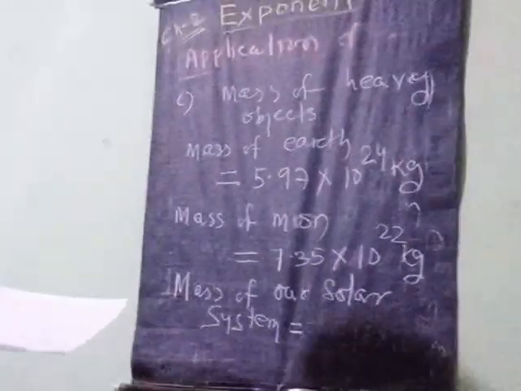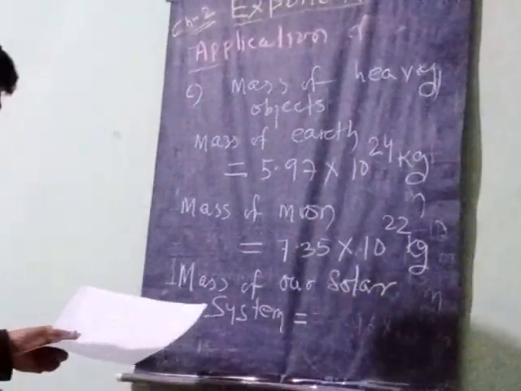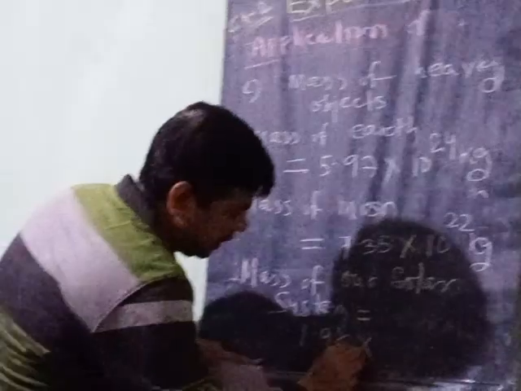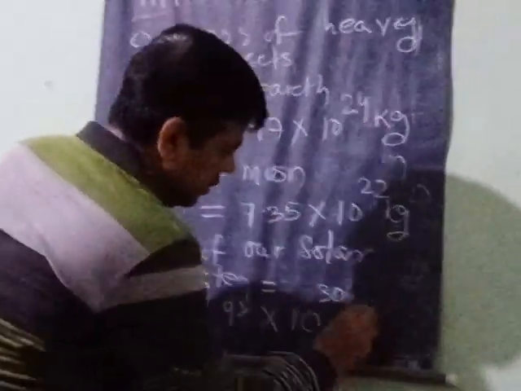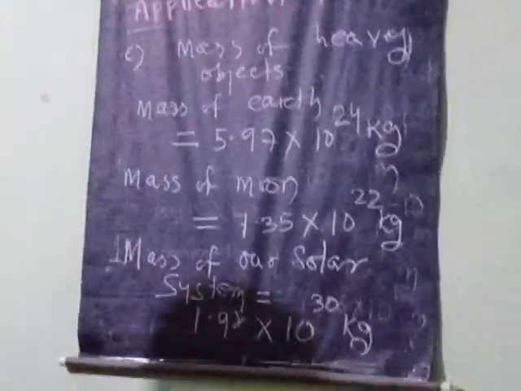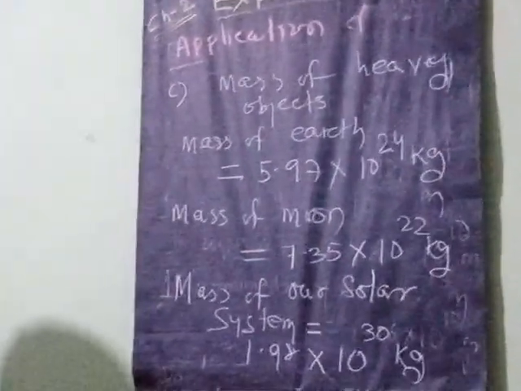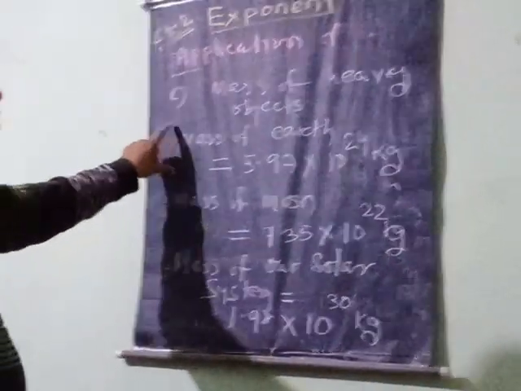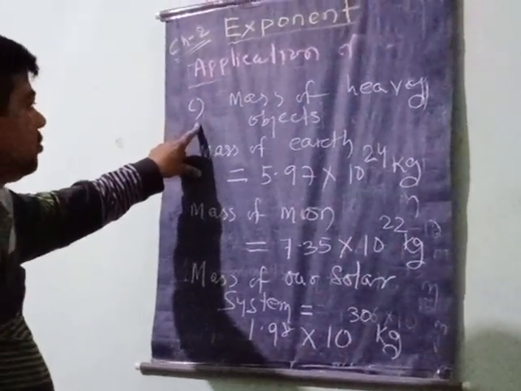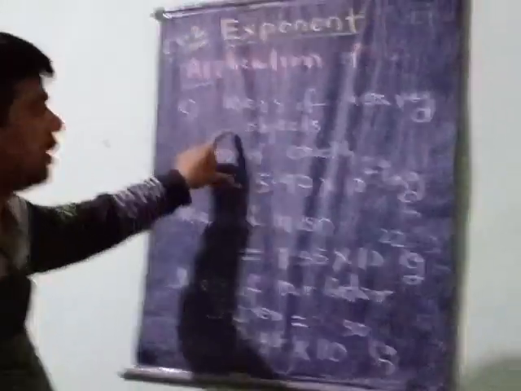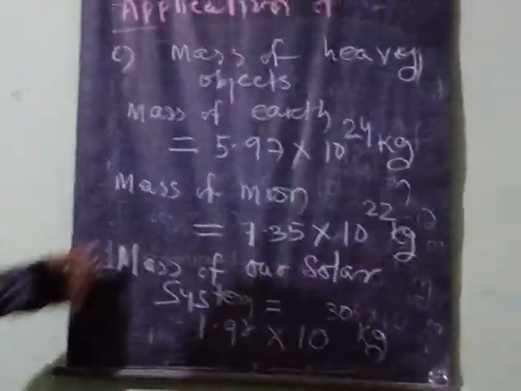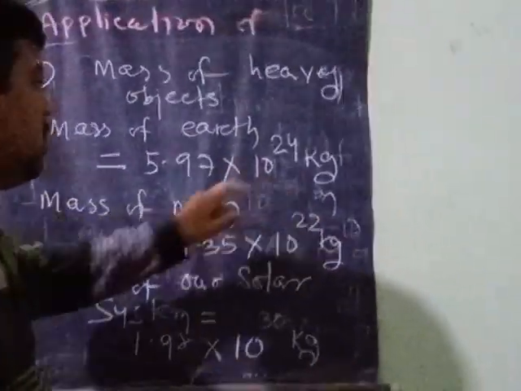The mass of the solar system is 1.98 into 10 to the power 30 kg. See, why am I discussing this, students? Because you should know the use and application of the exponential term in the field of science, and how you can use this exponential number as useful to us.